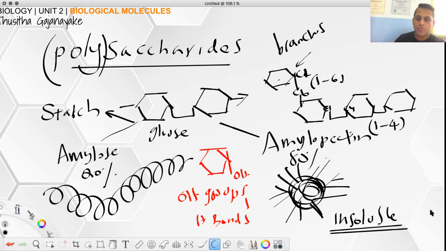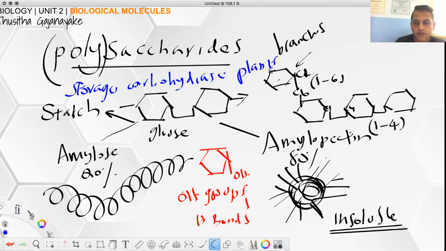And starch is the storage carbohydrate of plants. You can also copy this down on polysaccharides. Starch consists of amylose and amylopectin.